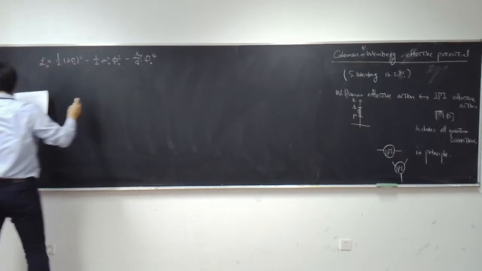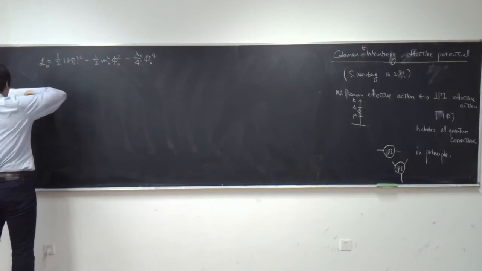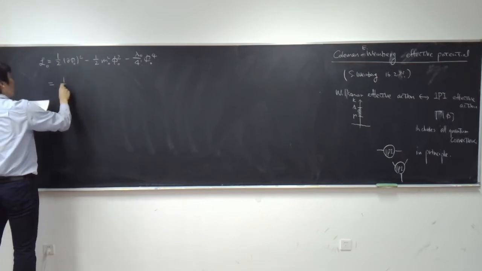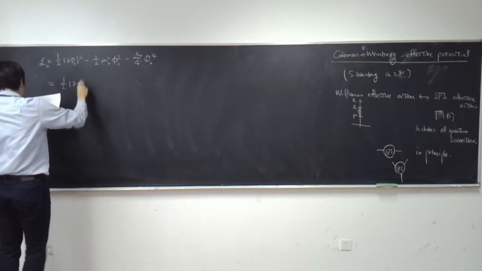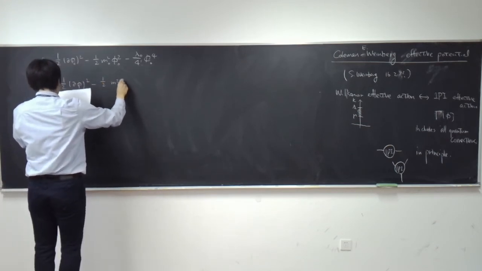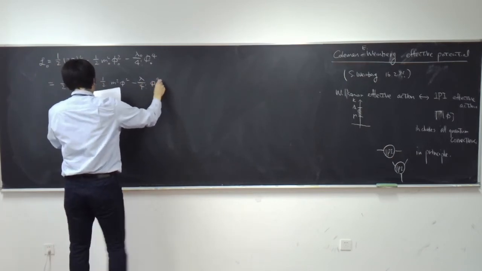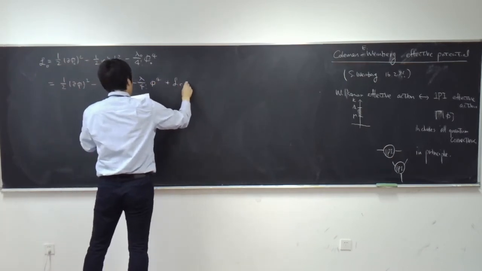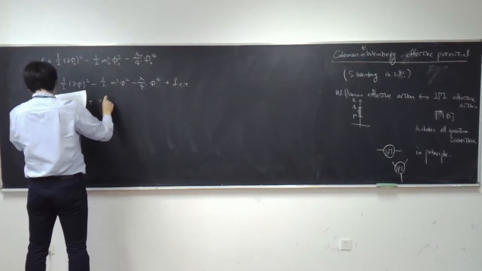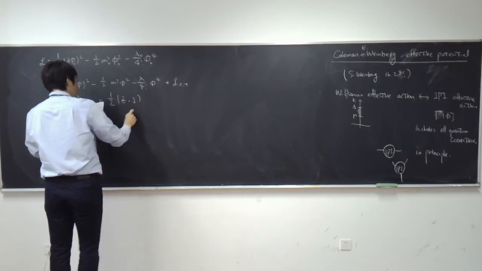And again, I write it down in terms of the counter terms: minus 1/2 m squared phi squared minus lambda over 4 factorial phi to the fourth, plus the counter term, where the counter term is given by 1/2 (Z minus 1), or delta Z.